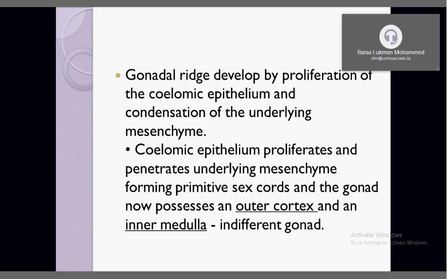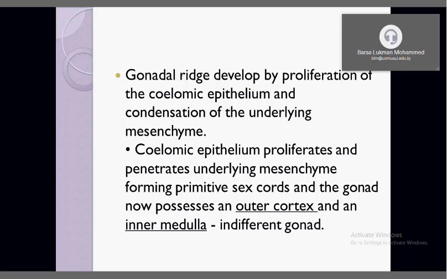Later on, the gonadal ridge continues to proliferate by proliferation of the coelomic epithelium and condensation of the underlying mesenchyme during the stage of differentiation. The coelomic epithelium proliferates and penetrates the underlying mesenchyme, forming primitive sex cords, and the gonad now possesses an outer cortex and inner medulla. This is in the indifferent stage.